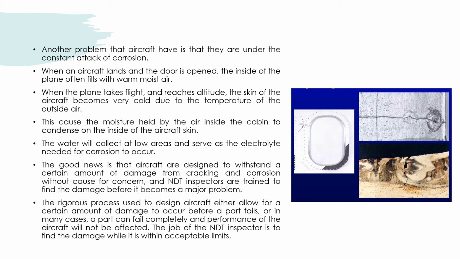When the plane takes flight and reaches altitude, the skin of the aircraft becomes very cold due to the temperature of the outside air, and this causes the moisture held by the air inside the cabin to condense on the inside of the aircraft skin. The water will collect in the low areas and serve as the electrolyte needed for corrosion to occur.